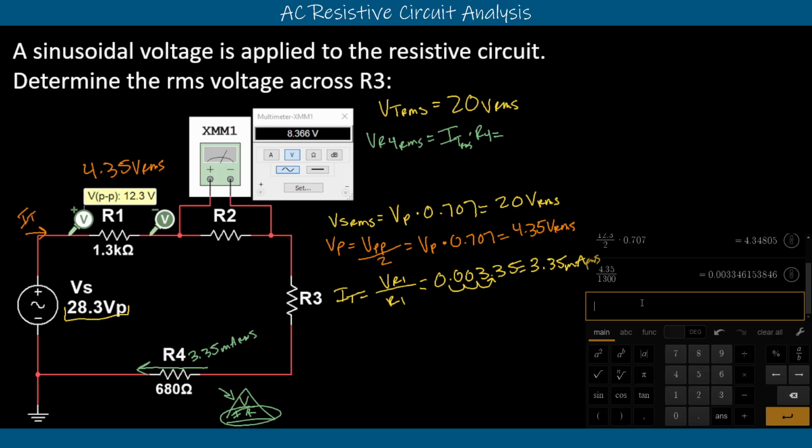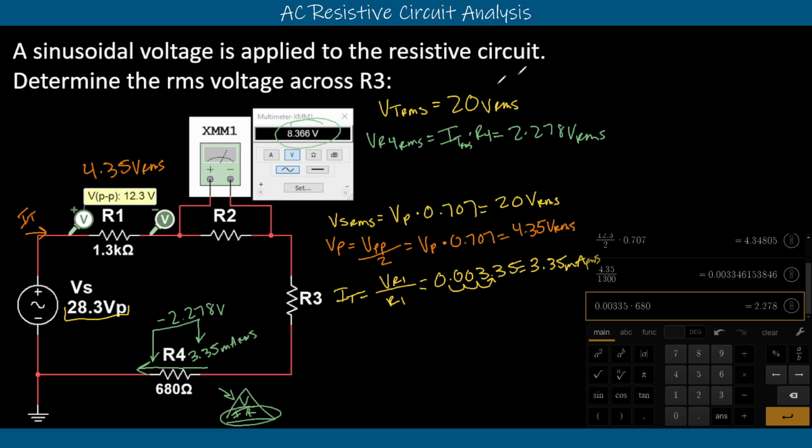Say that we have 3.35 milliamps, so 0.00335 multiplied by our 680, get 2.278. So the voltage drop across R4 up here is 2.278 volts RMS. So now we know the voltage drops across all of them.